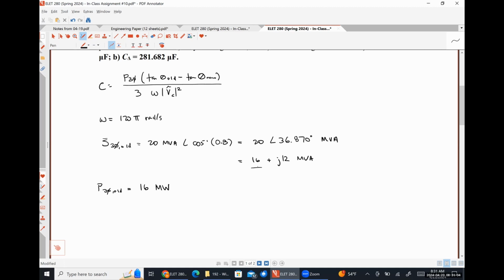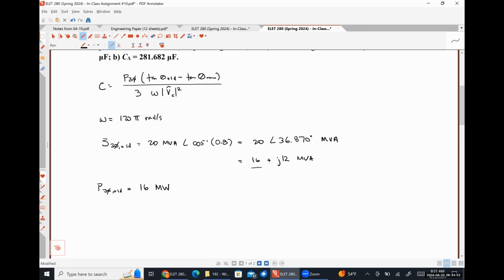So it's just the real part, but we need to make sure that we use the unit of watts or megawatts in this case to differentiate between the average power and the other types of power that we might be seeing. All right, so we figured out P3 phase.